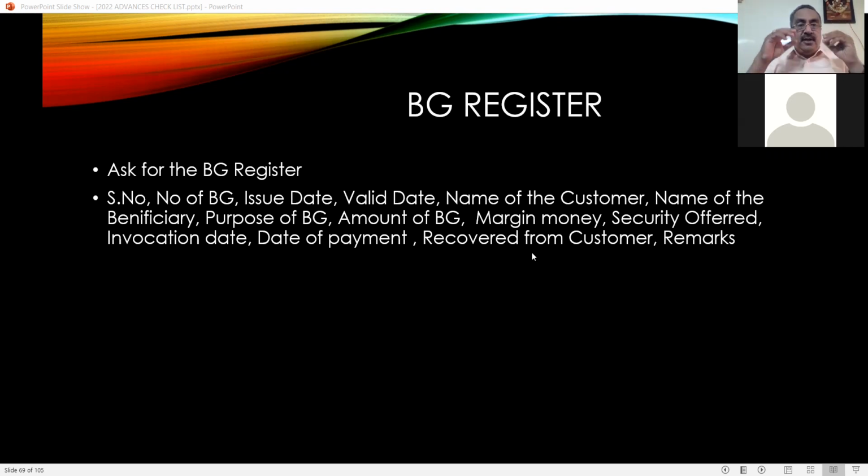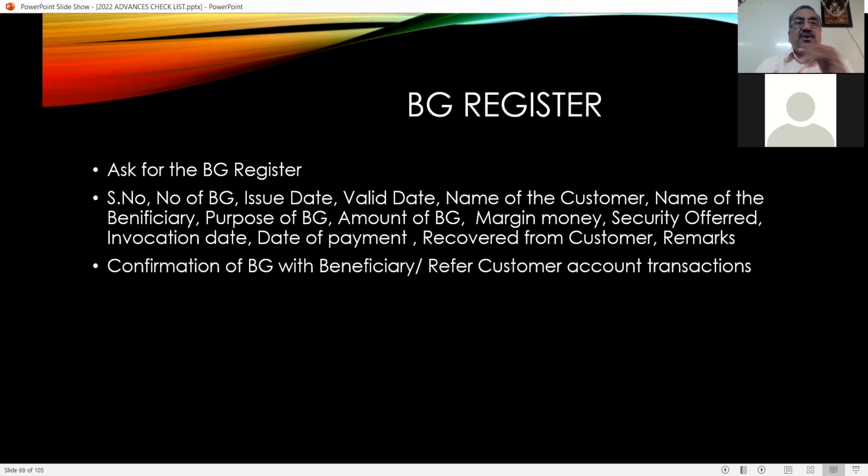When the beneficiary requests invocation because of a failure in service, the invocation starts, so you have to see the invocation date. Next, the bankers have to make payment to the beneficiary, so note the date of payment. The amount is due from the customer, and whether it has been recovered from the customer or not also has to be mentioned here. So these are the columns that you have to verify from the BG register.